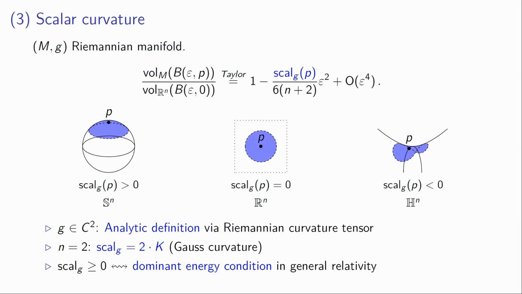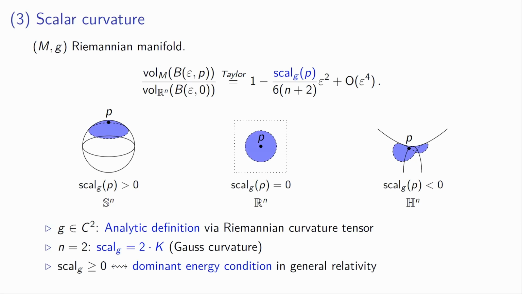And okay, when you look at the n-sphere and you take such a ball around the north pole P, then its volume is a little smaller than the Euclidean volume, and this means in the Taylor expansion the scalar curvature must be positive. So observe the minus sign in front of the second term. So the scalar curvature is positive in this case.